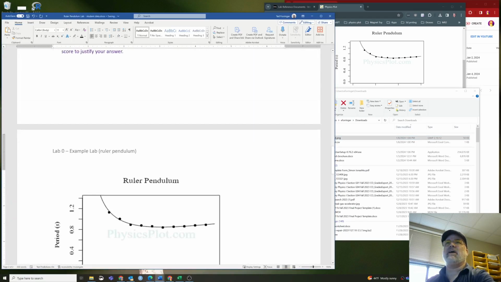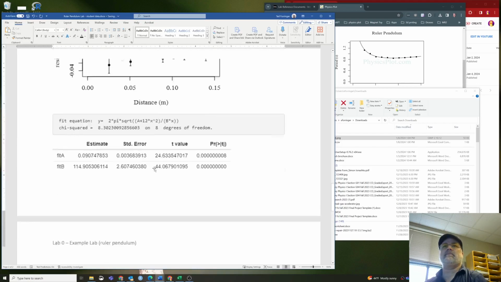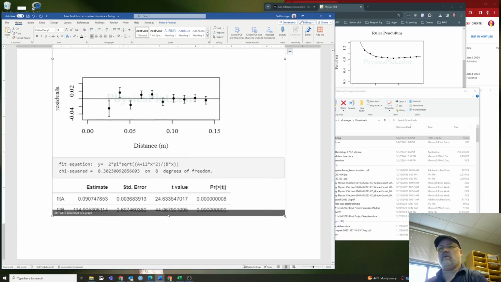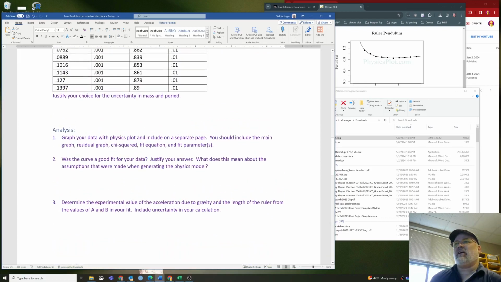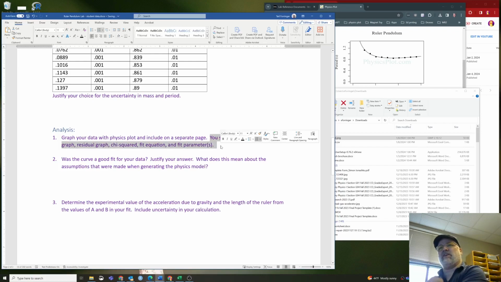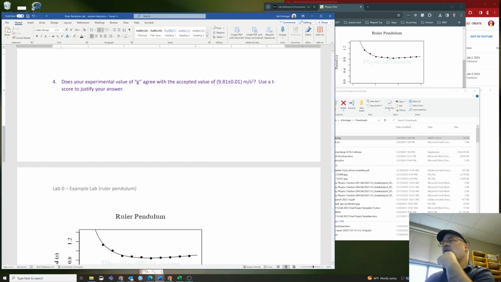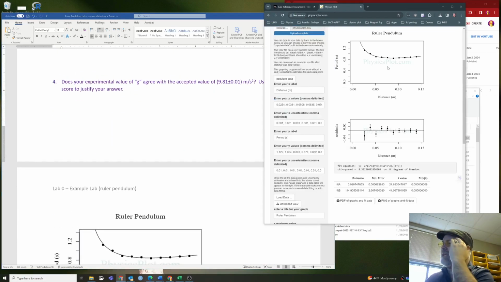Okay, and now I've got my graph, because the directions say graph your data. You should include the main graph, the residual graph, the chi-squared, the fit equation, and the fit parameters, and we put that on a separate page. Okay, is it a good fit?